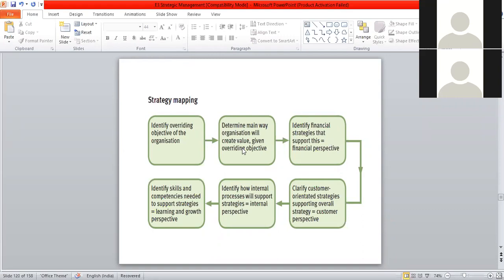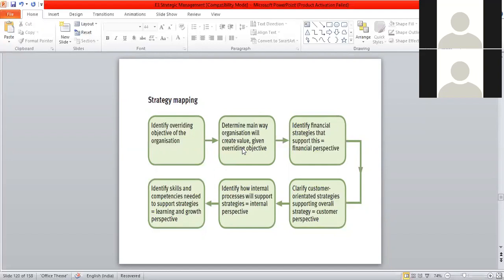First, the overriding objective of the organization should be identified. After that, determine the main way the organization will create value given the overriding objective. What is creating value? In a way, it is useful, it is beneficial to the stakeholder. That is creation of value.